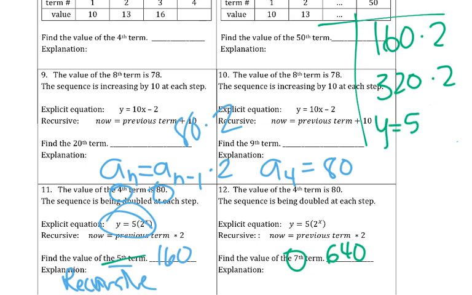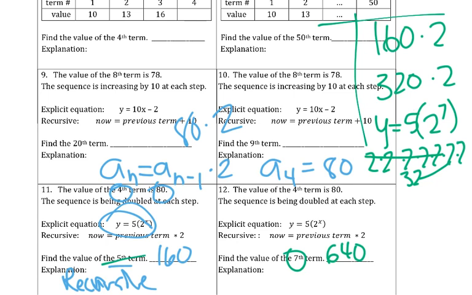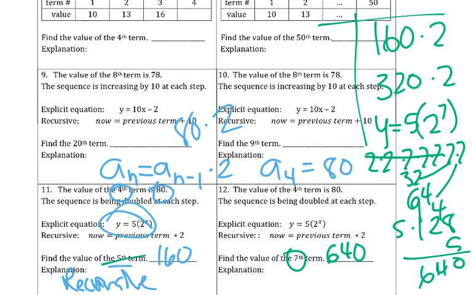And we could also try the explicit. So 2 to the 7th means we have 7 2's instead of 5. Okay. Well, we know that 5 of these make 32. Times 2 again, we get 64. Times 2, we get 128. Times that by 5, and we get 640.